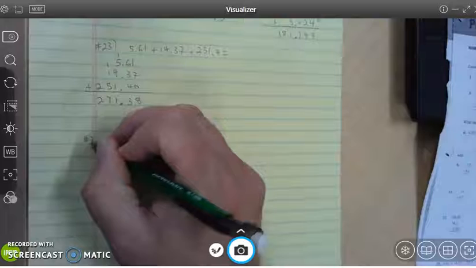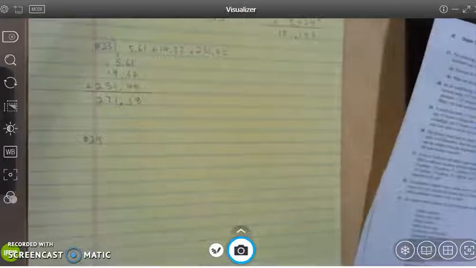Let's look at number 29. That's going to be on the back side of that first worksheet. So I'll give you a moment to go ahead and read it.